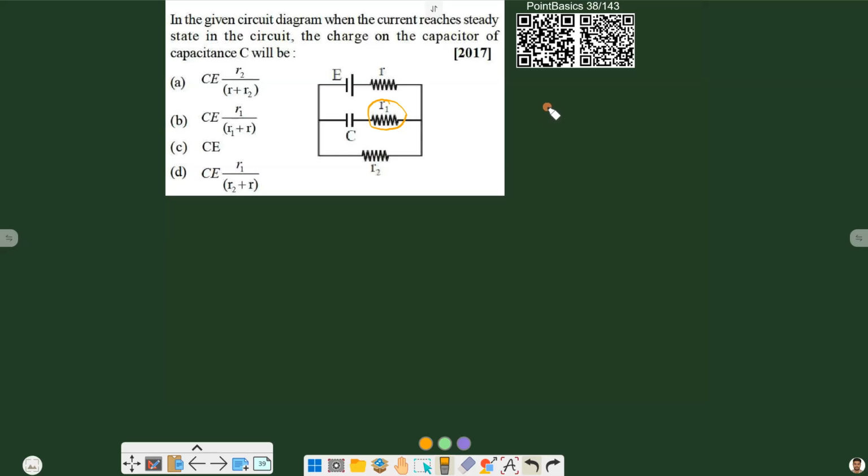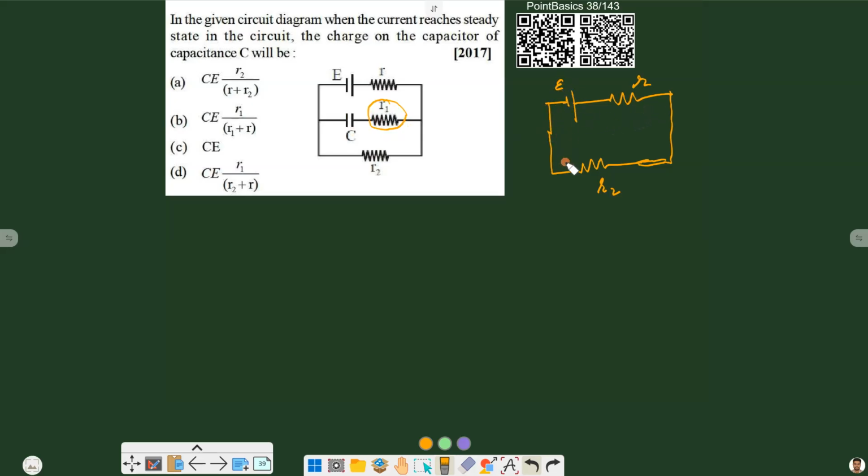So our effective circuit will be something like this. This is the battery, this is resistance R. Here we will have resistance R2, and here we will have this connection. Now, as no current is flowing through the capacitor, R1 and the capacitor, we have removed both of them from the circuit for our calculations.